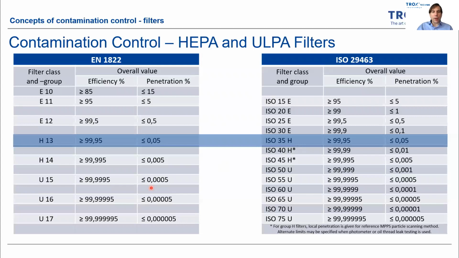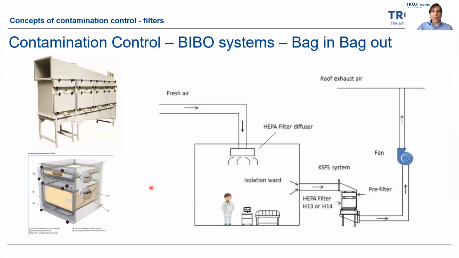And if you look into our HVAC system, and if it's a really critical situation, what we will do in the extract air is add a system that's a bag in, bag out. We use it in highly contaminated installations and in some hospitals in the isolation area. The filters are inside of these boxes. There is a mechanism that we can replace this filter without touching the contaminated filter, and also without touching the internal components of this device.